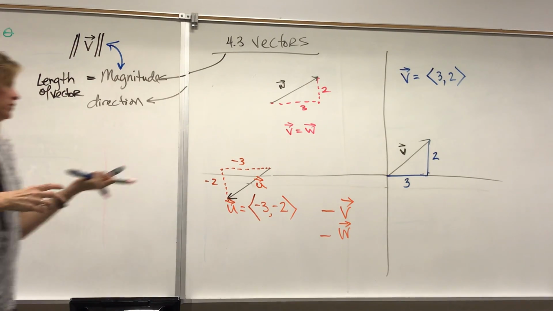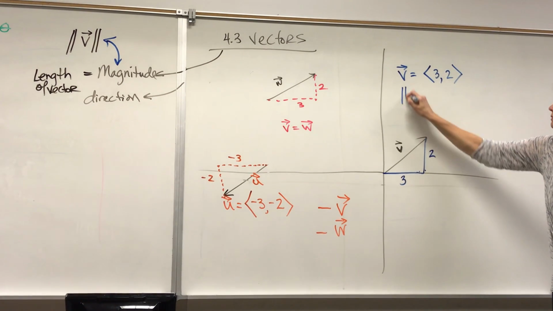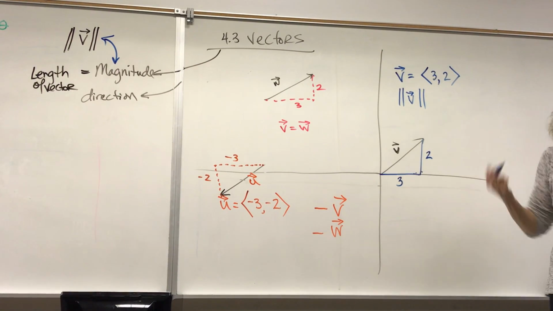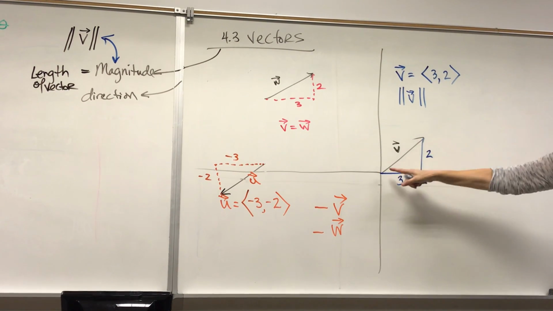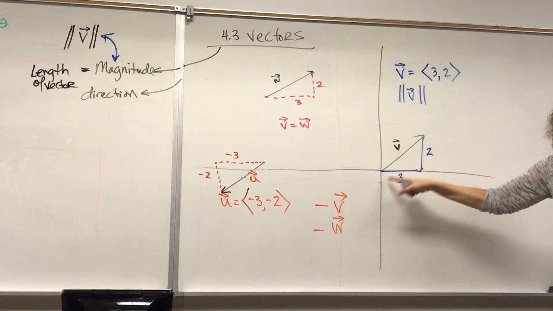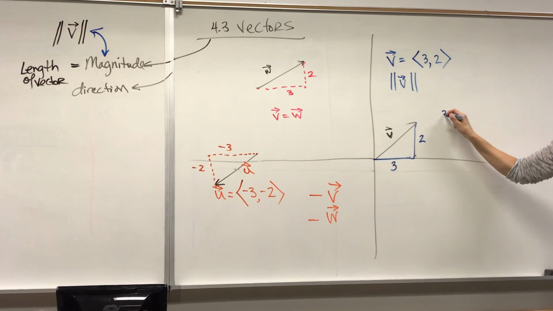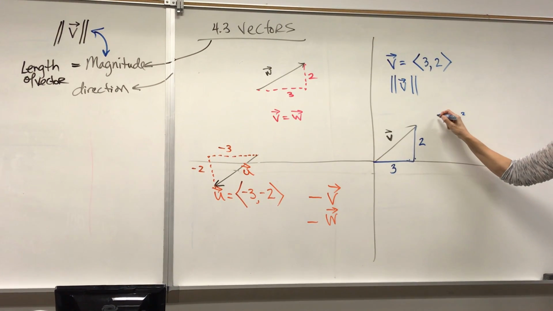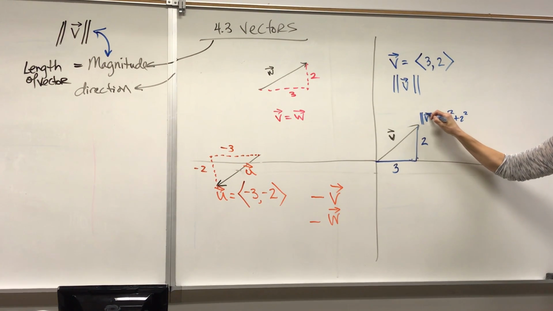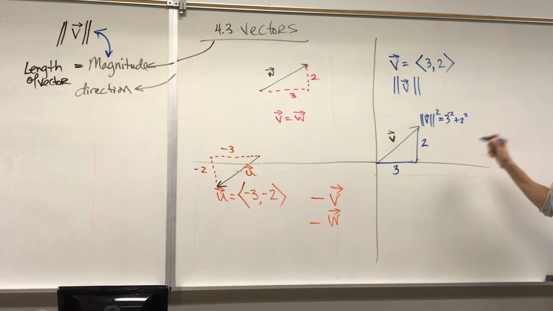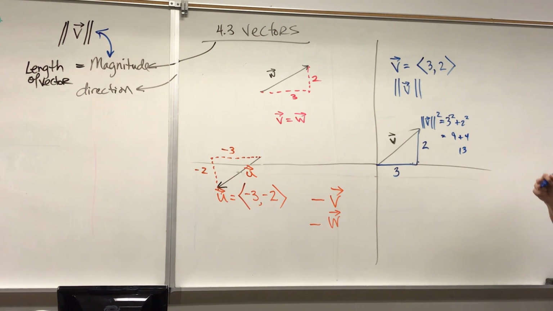Okay, so if over here we wanted to figure out the magnitude of vector v, you can memorize the formula, and it's really not that hard, but it's not that hard to sketch 3 over and 2 up, draw the vector, and then what are you going to do to figure out the length or magnitude of the vector? 3 squared plus 2 squared equals, technically it's the magnitude of v squared, which looks kind of yucky, but we're going to have 9 plus 4, we're going to get 13, and what are we going to do with 13?